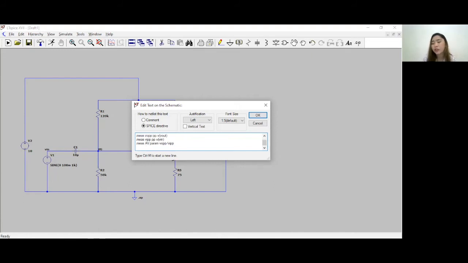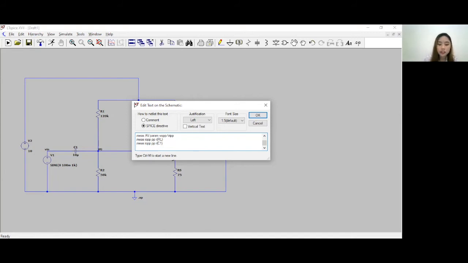Next, we are going to measure the power, so we are going to use .meas IOPP, PP, I(RL), and we will also use .meas IOPP, PP, I(C1).